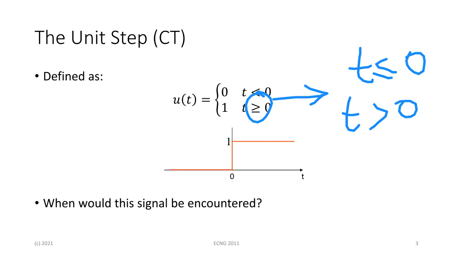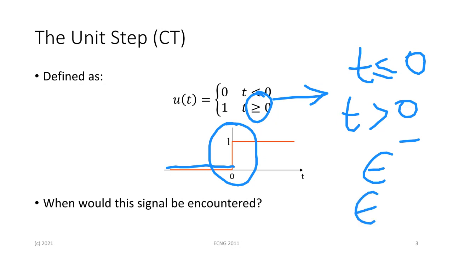In our case, we want the signal to change at t equal to 0. So up until 0, so a little epsilon time before 0, the signal is still 0. At 0, it actually changes, and a little bit after 0, it is now positive. We prefer that, and you'll see why shortly.